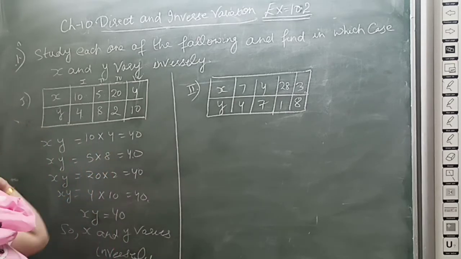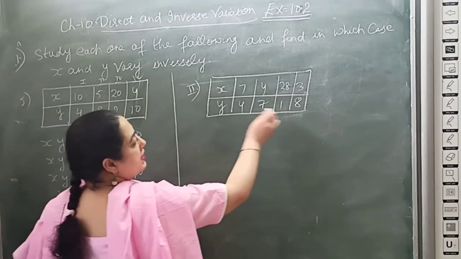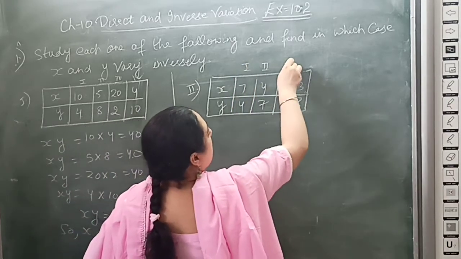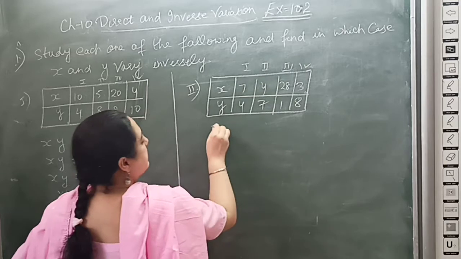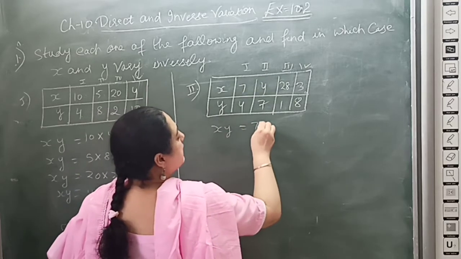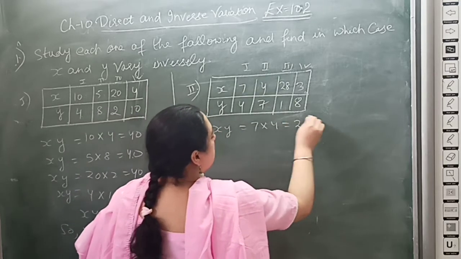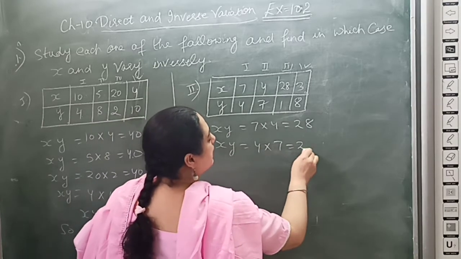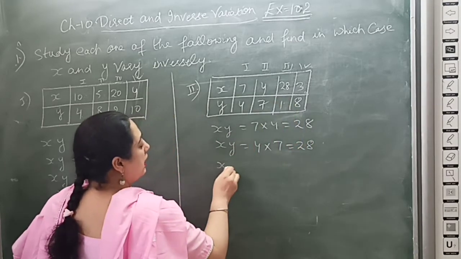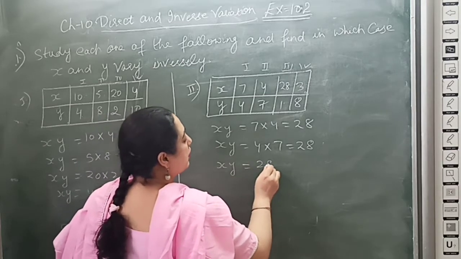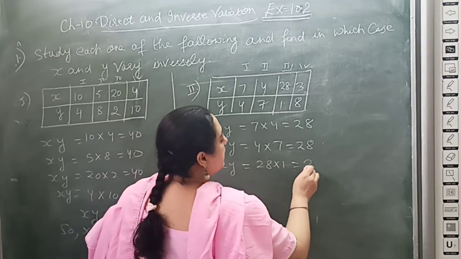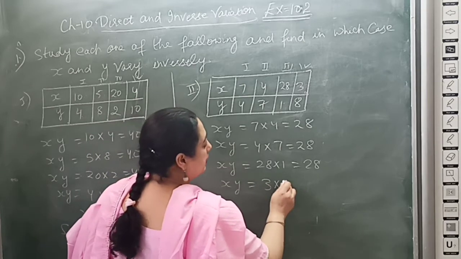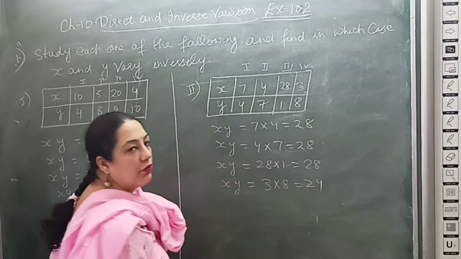Now beta, for the second part, again the table is given to you. You again have to check the product of xy, whether it is the same in each column. In the first column it is 7 into 4, 28. In the second column 4 into 7, 28. In the third column xy is 28 into 1, again 28, but in the fourth column beta, 3 into 8, 24.